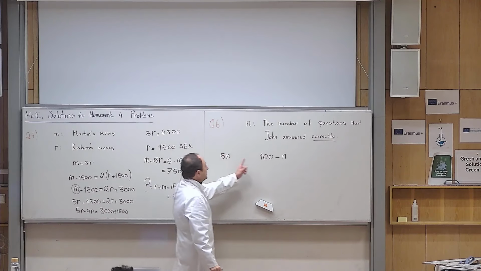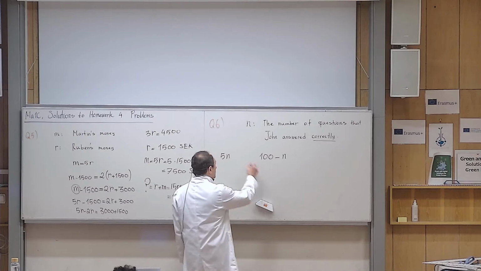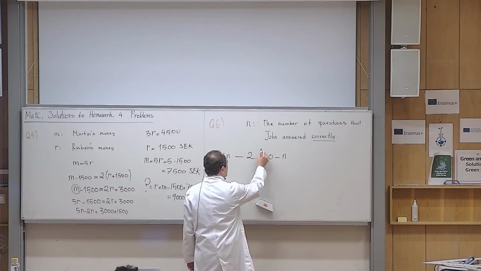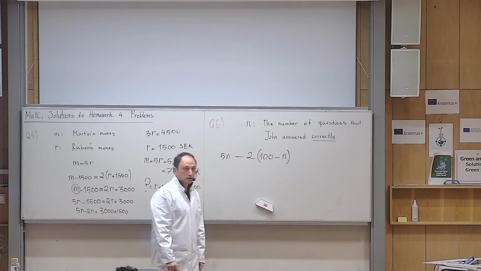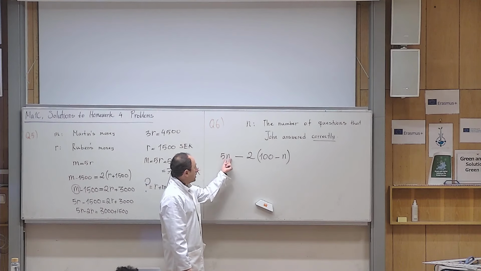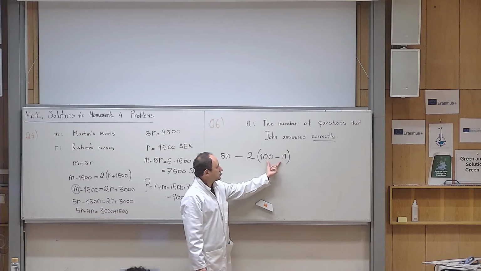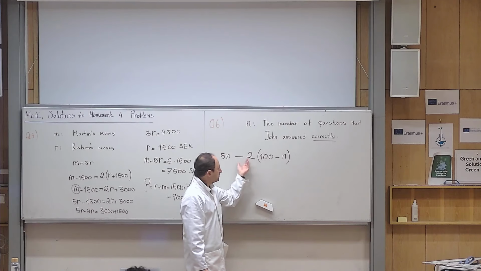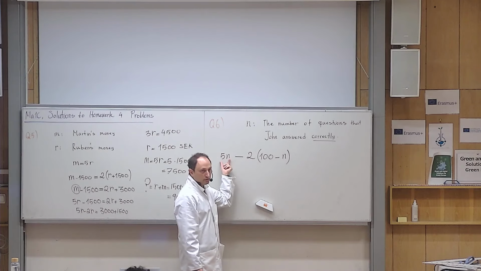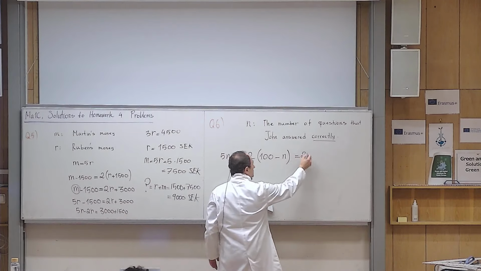But he answered 100 minus n wrongly, so the points will be -2 times this. You see, +5 times the number of questions he answered correctly, and this is the number of questions he answered wrongly. Because of that penalty, this will be deducted from these correct ones. And then the total point is what?